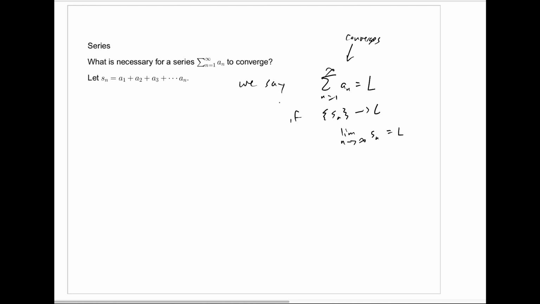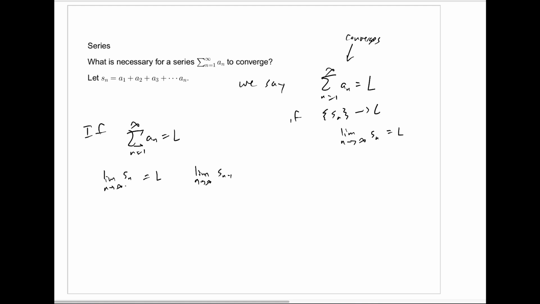If the series converges, and say has value L, then as we've already said, the limit of S sub n is L. We can say the same thing about the limit as n approaches infinity of S sub n minus 1.